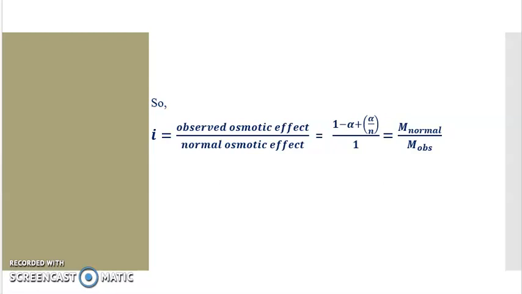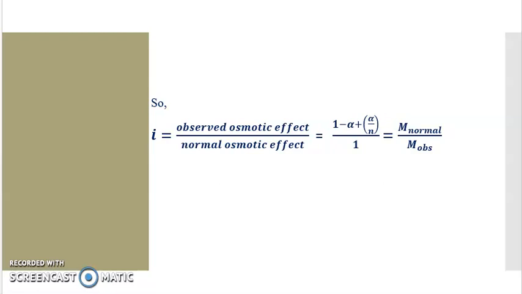It is 1 minus alpha plus alpha divided by n. And the normal osmotic effect, what we generally expect, is 1, because we have taken only 1 mole of the solute. But due to association, there will be a change in the number of moles of solute in the solution.